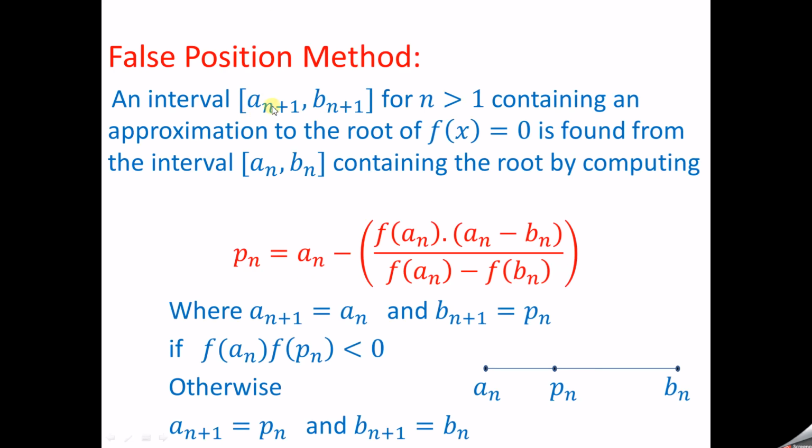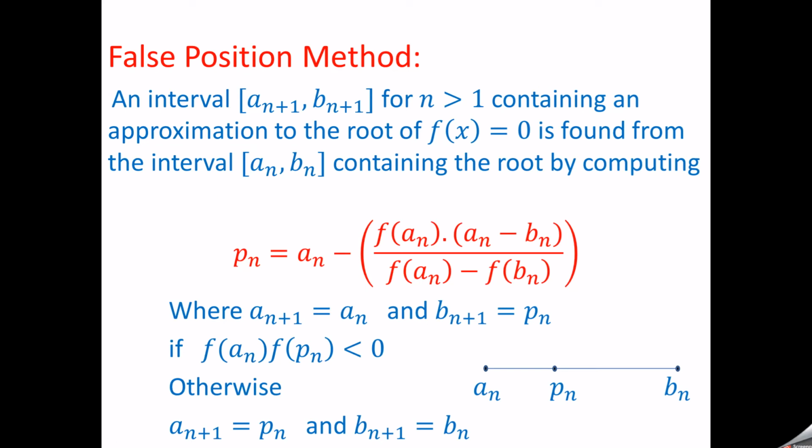The starting interval is a_n, b_n. From this we get a_{n+1}, b_{n+1} after finding p_n and checking this condition. So this is the false position method.